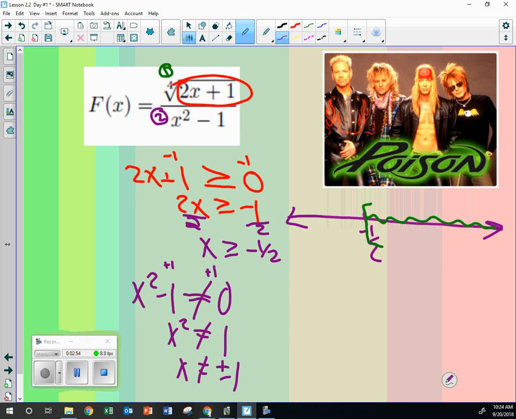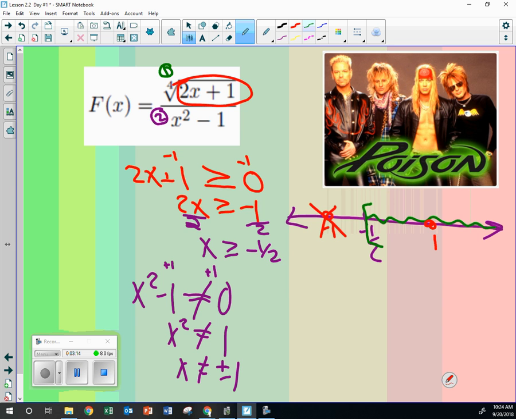Now how that looks on the graph is here's -1, which we can't have, and here's 1 that we can't have. So does this one even matter? It doesn't even matter. So we can just cross that one out. We don't care because we don't have any of these other answers either.